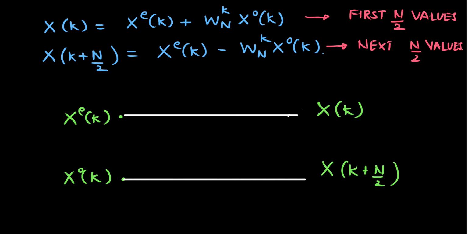So if we need to find this X of k, we are going to just consider this X even of k, which is scaled by a factor of simply 1, whereas we are going to add this factor W_N to the power k into X odd of k, meaning this X odd of k has to be scaled by a factor of W_N to the power k. So this is the scaling factor, and once it is scaled, then we are going to just add it here.